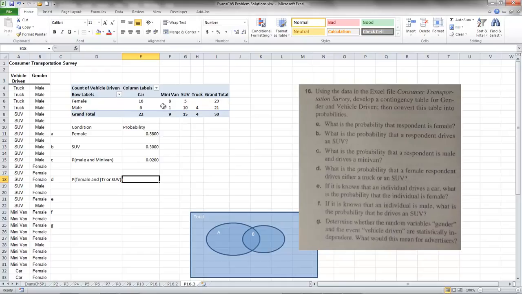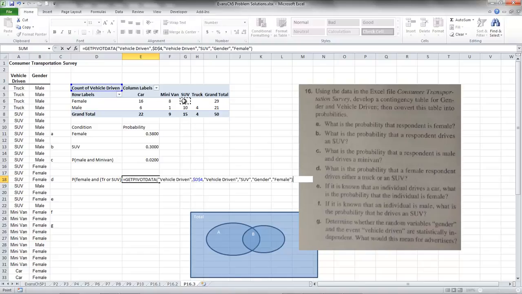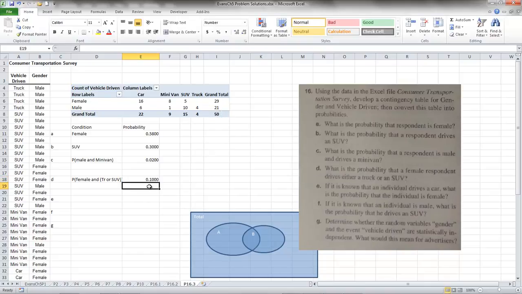And so what we can look up here is this intersection. We're looking at the intersections of SUV and female, which would be 5, and the intersection of truck and female, which is 0. So it simplified the case just a bit. So the probability is going to end up equaling 5 over the total number of records that we have here. So you have a 10% chance of having a female in a truck or an SUV.